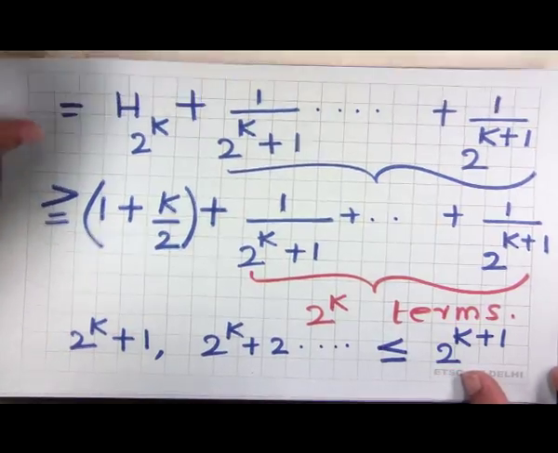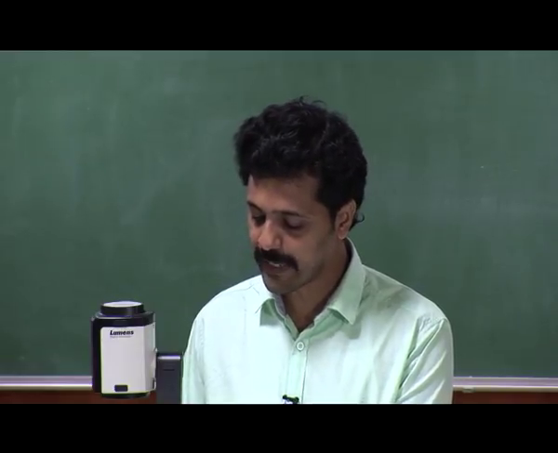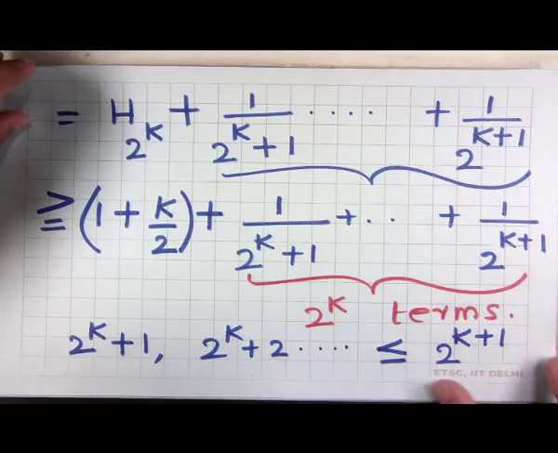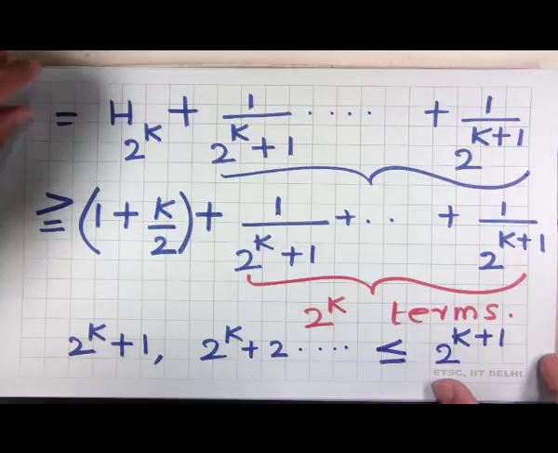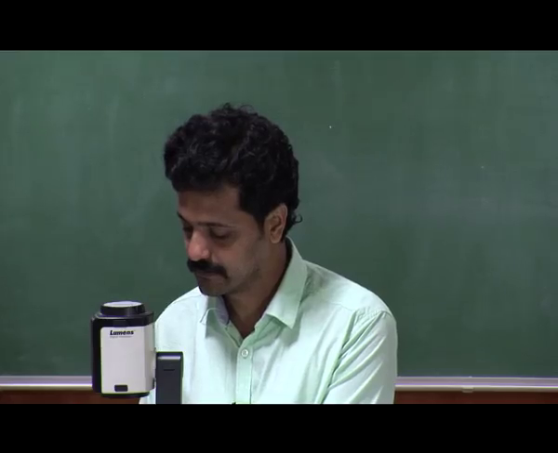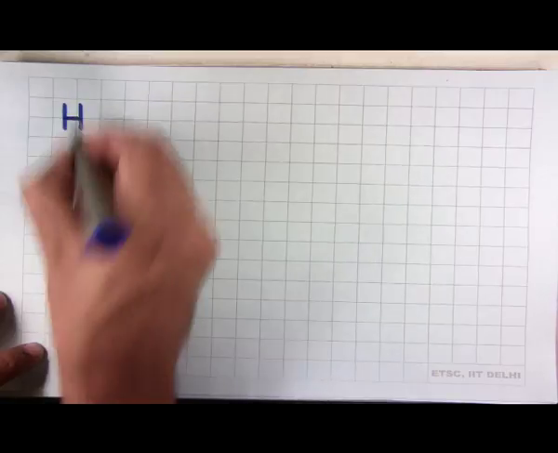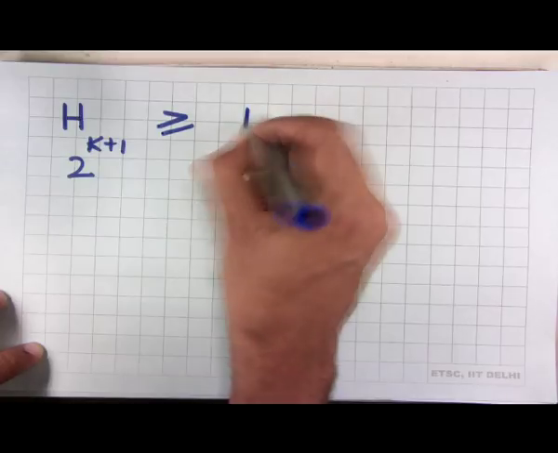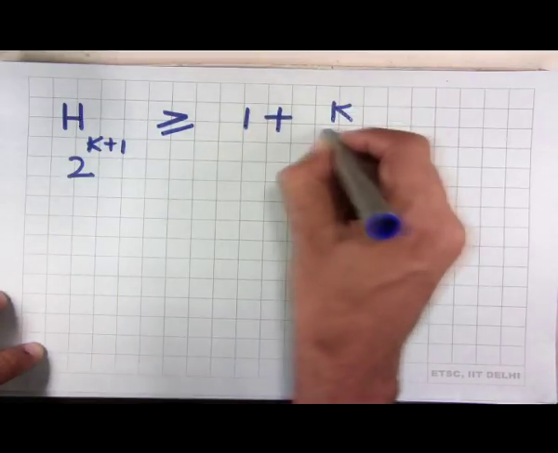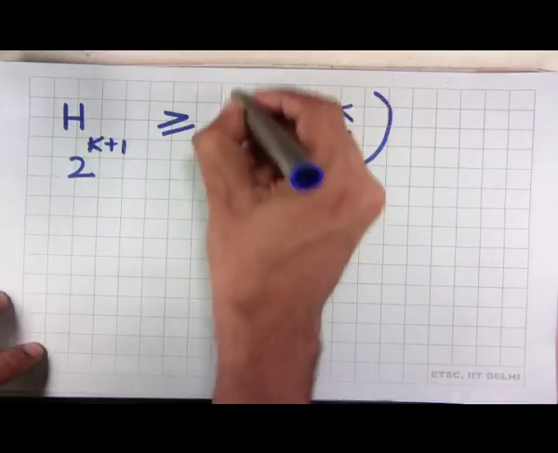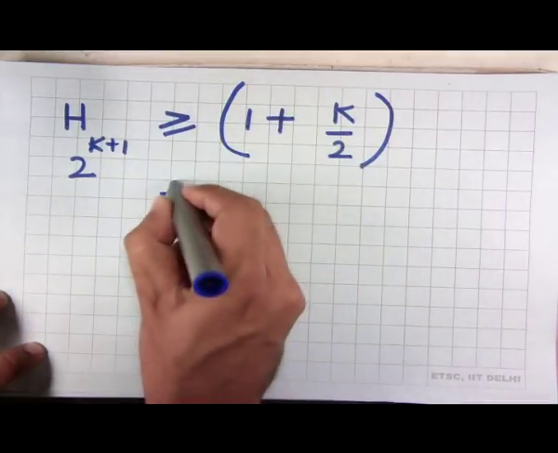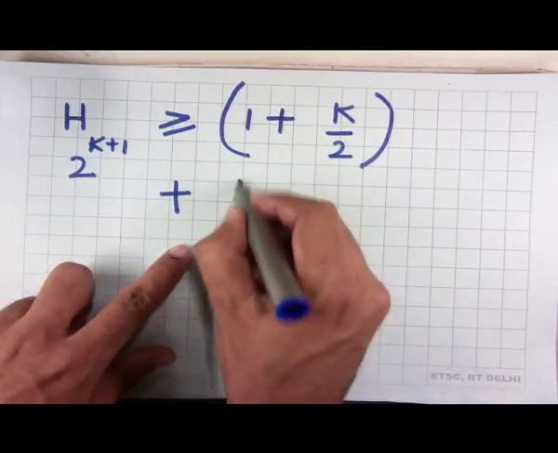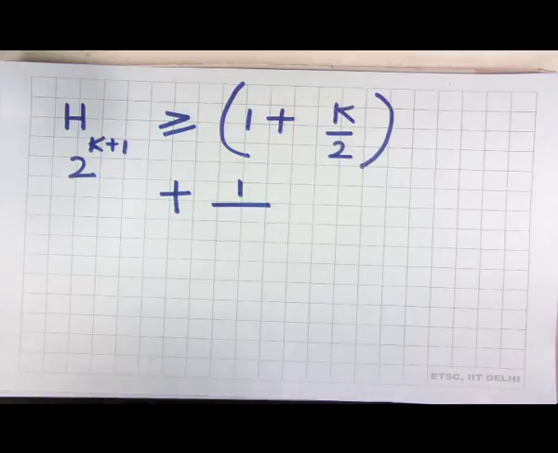Hence, the reciprocals 1 by 2 power k plus 1, 1 by 2 power k plus 2, so on, is greater than or equal to 1 by 2 power k plus 1. Using these, we get that H 2 power k plus 1 is greater than or equal to 1 plus k by 2. This follows from induction hypothesis, plus the remaining terms I am replacing by smaller quantities.